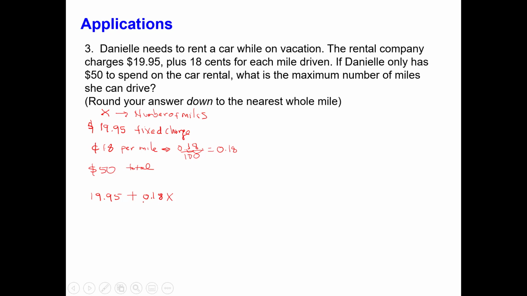Because each mile is 0.18, we need to multiply 0.18 times the number of miles. Then we will get how much she needs to pay in addition. When we add these two numbers together, that is what she can spend, just $15.